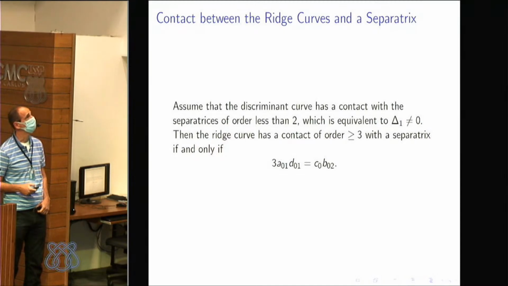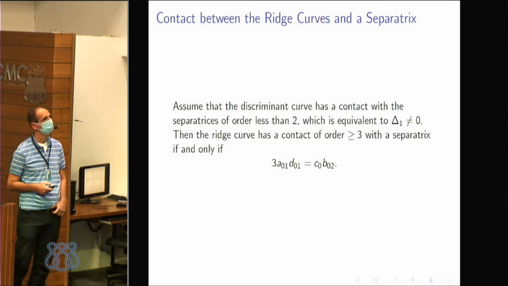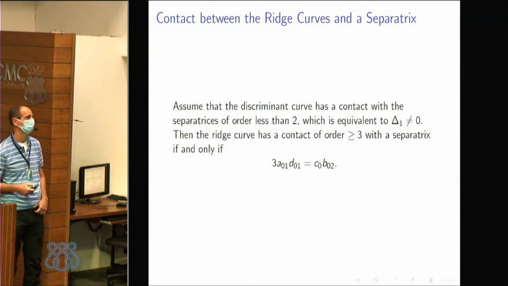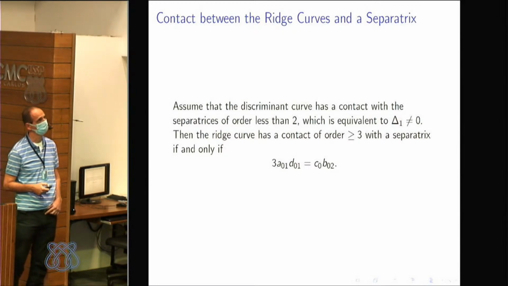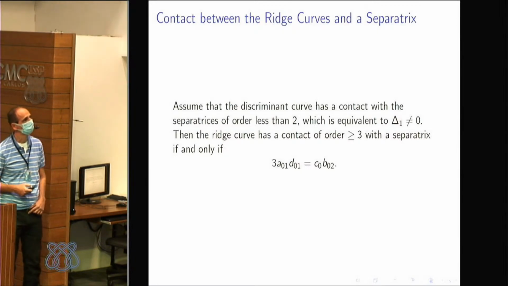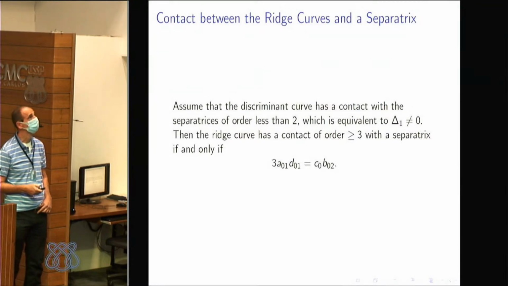And then an important calculation is that, assuming that the discriminant curve has a contact with the separatrices of order less than 2, which is equivalent to delta 1 not equal to 0, then the ridge curve has a contact of order bigger or equal to 3 with a separatrix if and only if this equation holds.